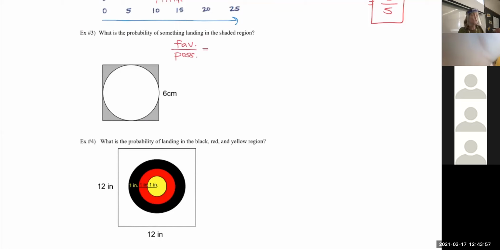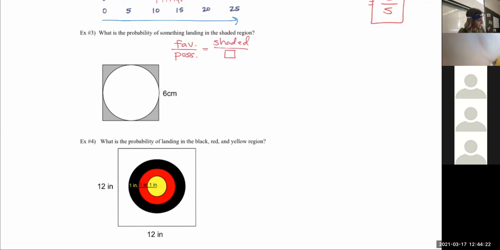Our favorable portion is the shaded part of it. What's our total possible? The square. Yeah. So basically what we're doing right now is we're finding the area of the shaded and dividing by the area of the square, right? That's our favorable over our possible.